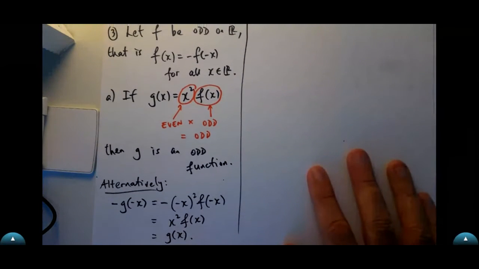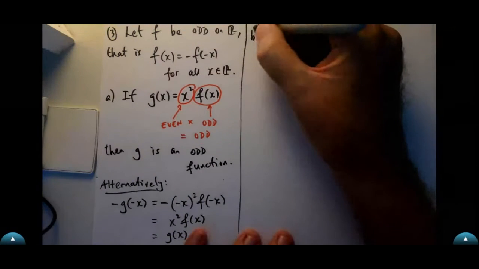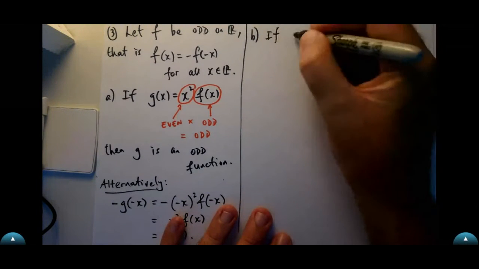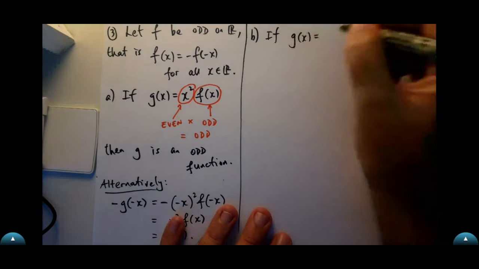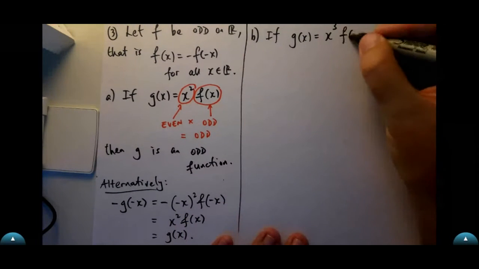So that's the algebraic way, but this is a really nice, quick way, okay? Just understanding that when you multiply certain types of functions together, sometimes you can predict what's going to happen, okay? So let's try another one. Part B is this.